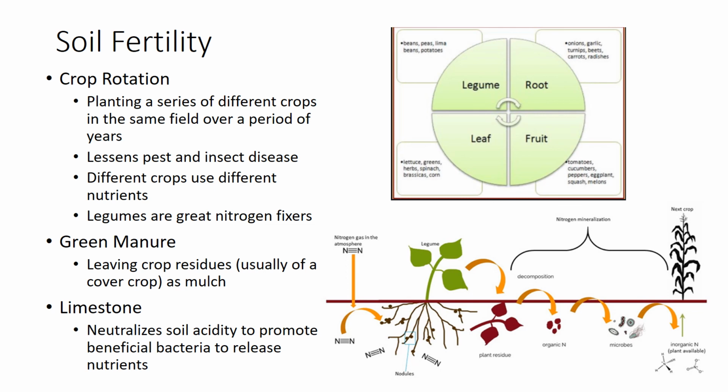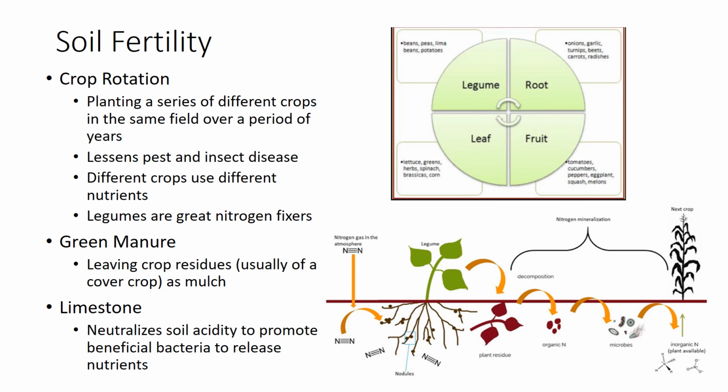So, speaking of nutrients, right, green manure is leaving the crop residues there, like I said before, and so basically you're using it as mulch. You're covering over, you're reducing weeds, and it's also composting and getting its good nutrients into the ground. And one other way that we can help soil fertility is by adding limestone into the soil.